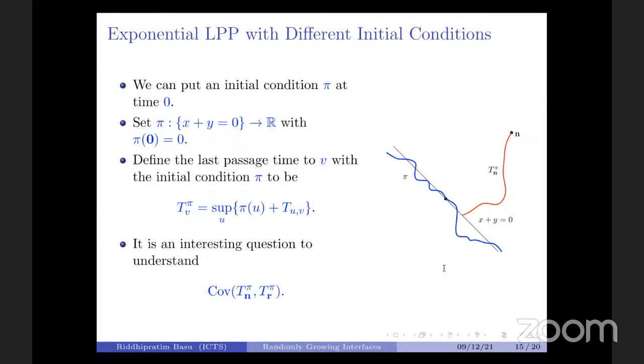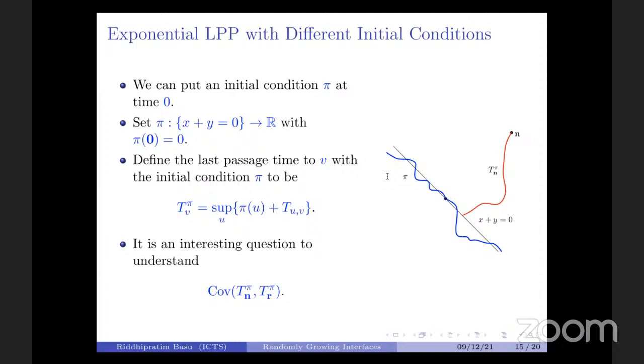One can formulate this question in quite a general setting, actually. So far we haven't talked about the importance of different initial conditions. We only defined this randomly growing interface starting from the V initial condition, also commonly referred to as the step initial condition or the droplet initial condition. But instead of the V initial condition, you can put any kind of general shape to start with. How would that work? Remember time 0 corresponds to the anti-diagonal line x plus y equal to 0.